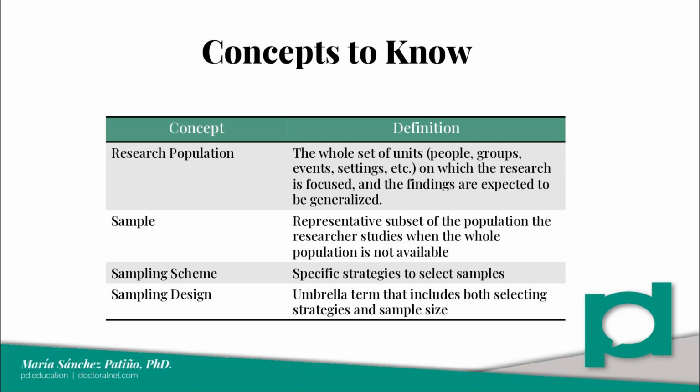As you can see in the definition presented in the slide, sample is the most general concept since it refers to a subset of the population that the researcher chooses to work with when it's not possible to access the whole population.